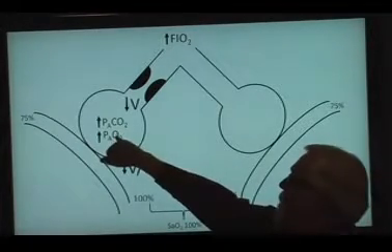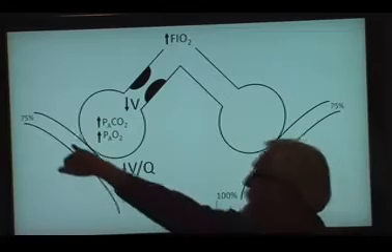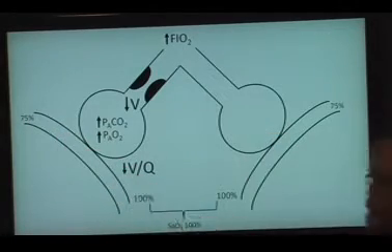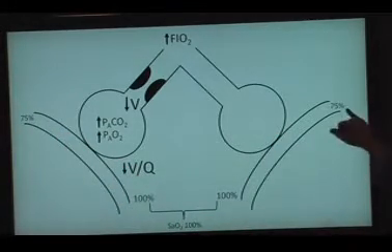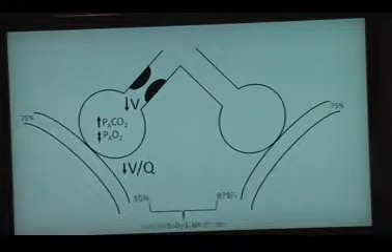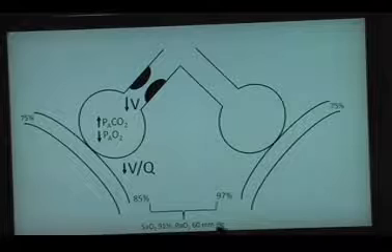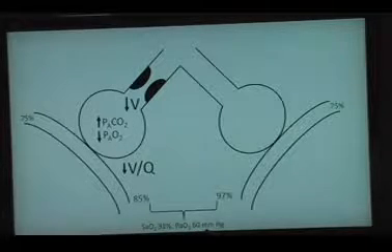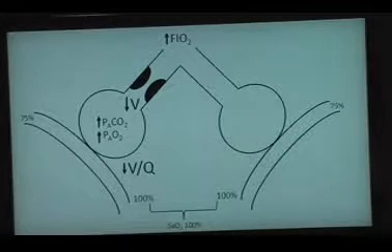Certainly it will go up enough to raise the oxygen saturation from 75% to 100%, here from 75% to 100%. And you would expect that if you take this person breathing room air with a PO2 of 60, you give them 100% oxygen, their oxygen saturation will go up to 100%, and their PO2 may go up to 500.